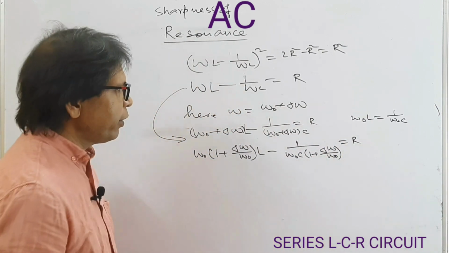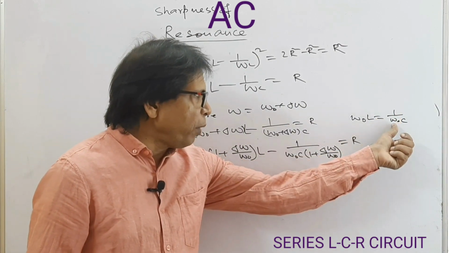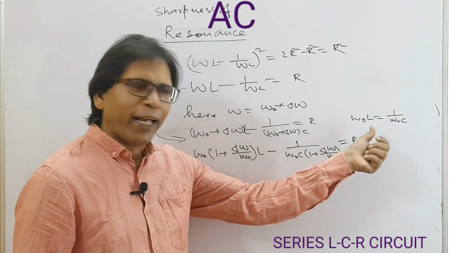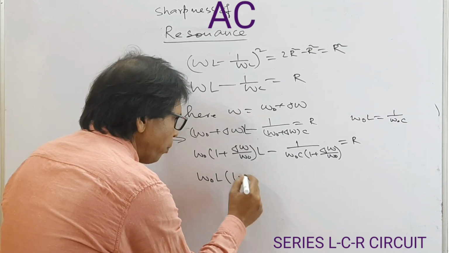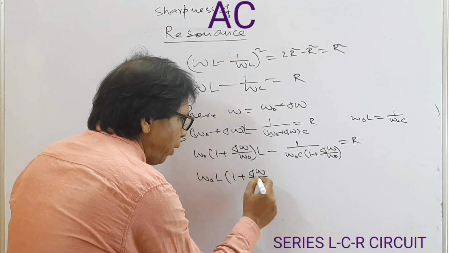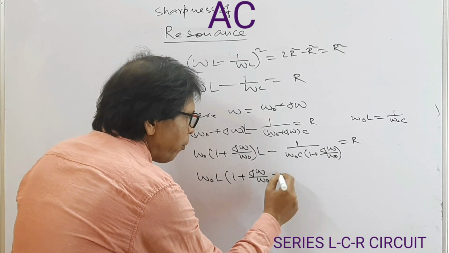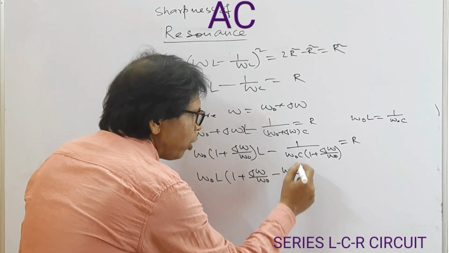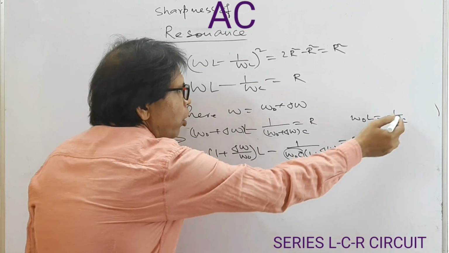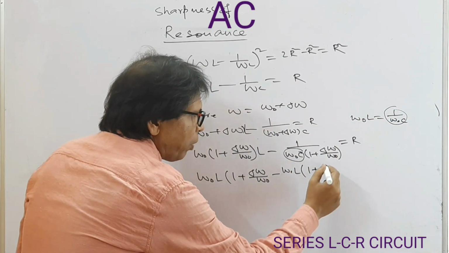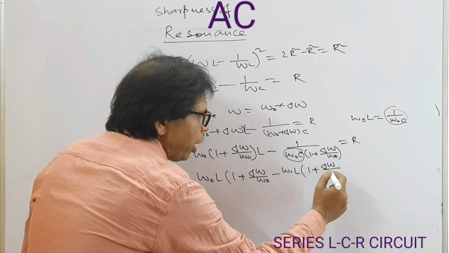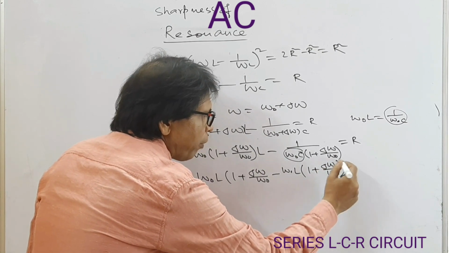Now 1 by omega naught C equal to omega naught L. So this is omega naught L into (1 plus delta omega by omega naught) minus omega naught L into (1 plus delta omega by omega naught) to the power minus 1.